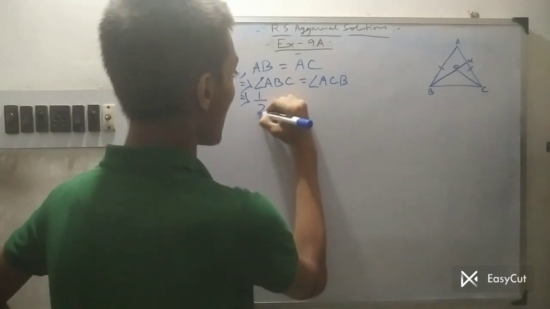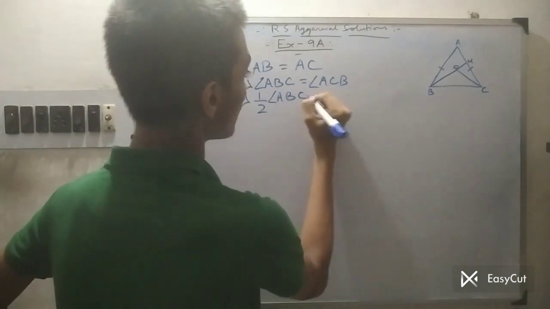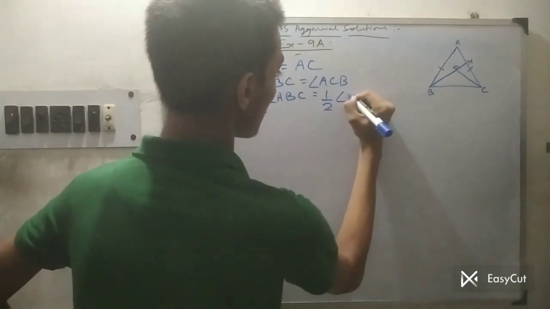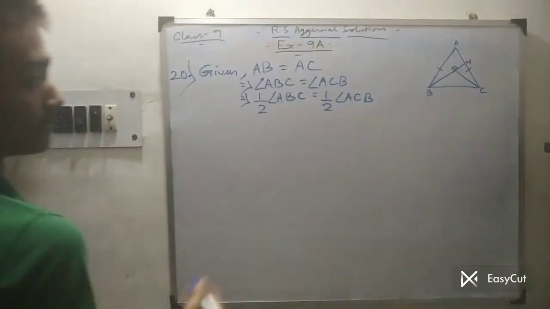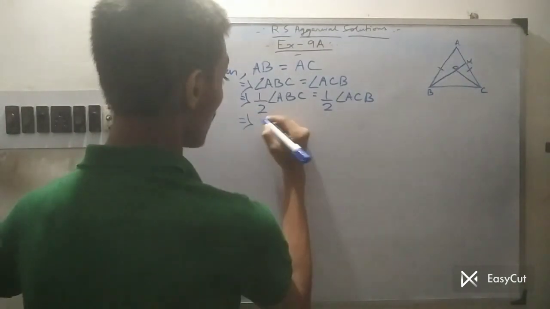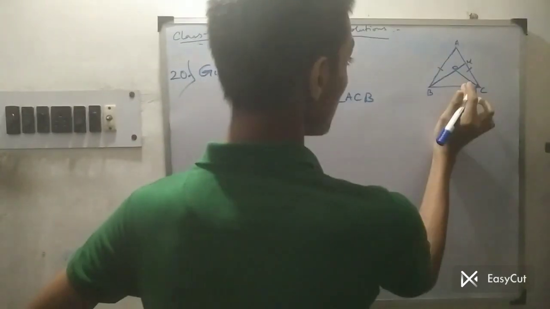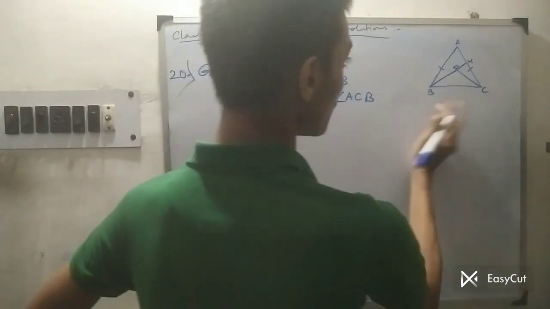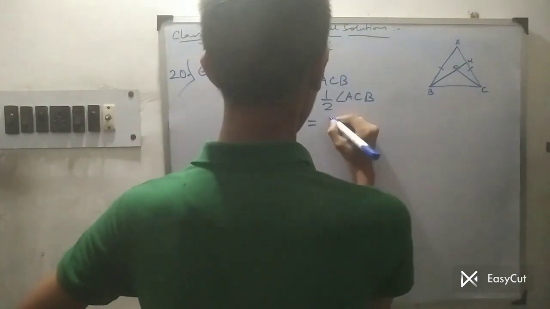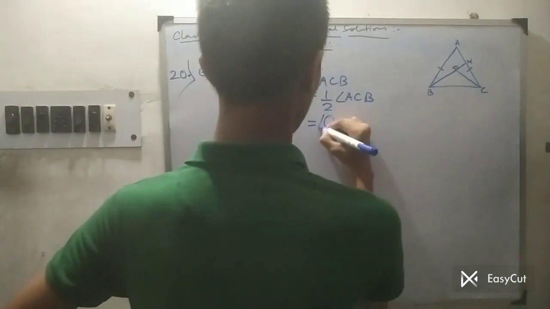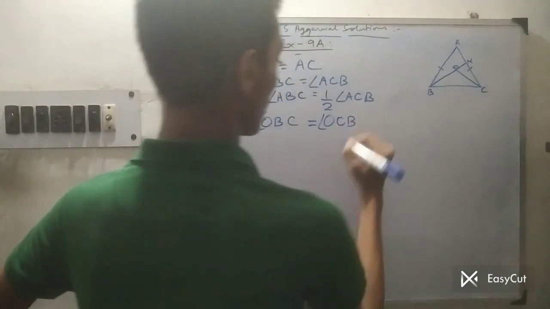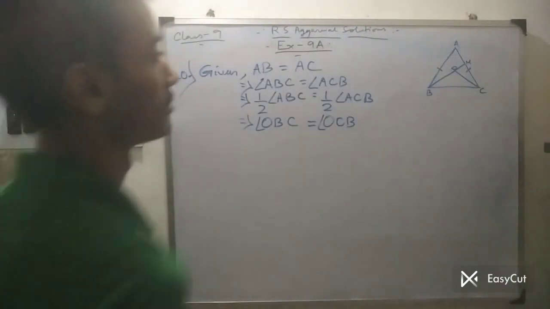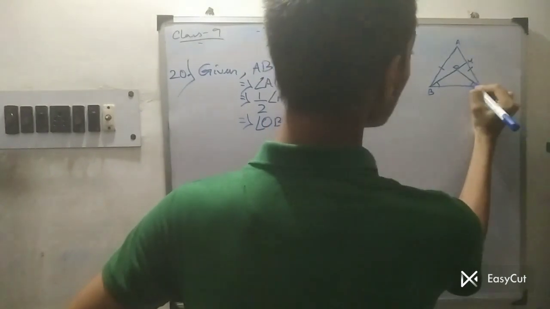Or half ABC is equal to half ACB. Or what is half ABC? OBC. OBC is equal to what is half ACB? OCB. That means these two are equal.